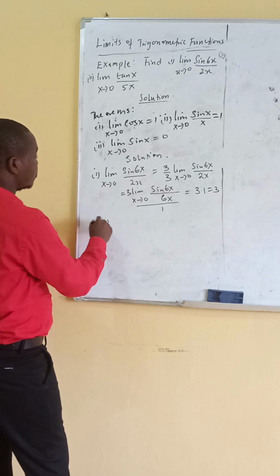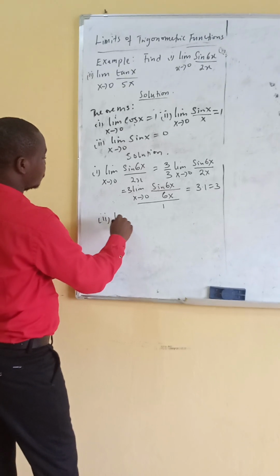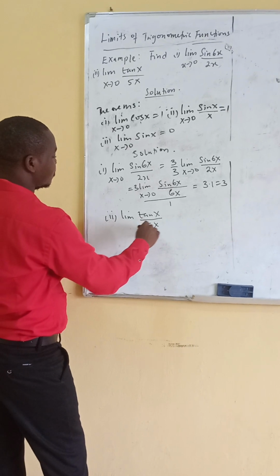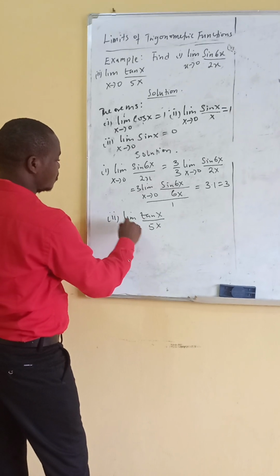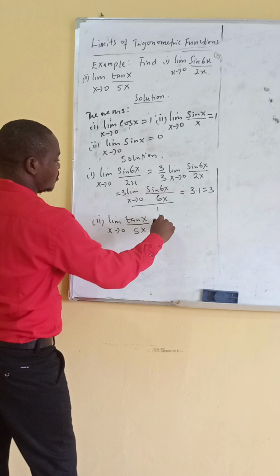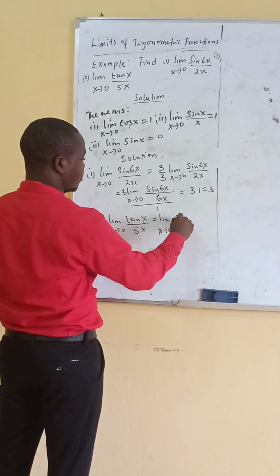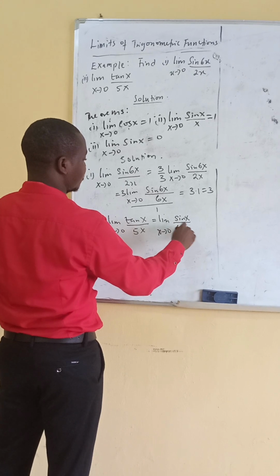The second case says the limit of tan x divided by 5x as x tends to 0. Now tan x is the same thing as sine x over cos x.